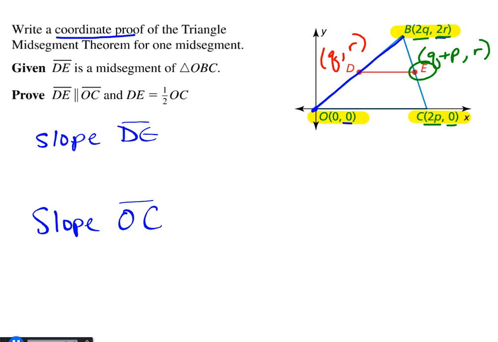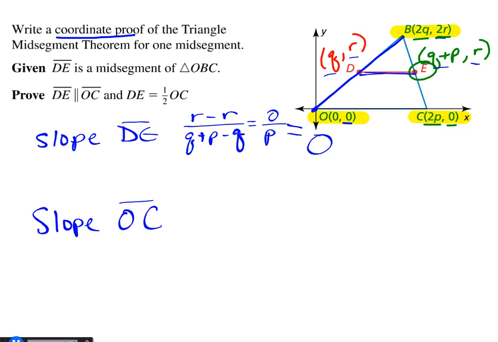Well, to find slope, we do y minus y, so we have R minus R over x minus x, Q plus P minus Q. So we get 0 over this mess, which is actually equal to P, but it doesn't really matter because when we have 0 divided by P, or 0 divided by anything, we just get 0.